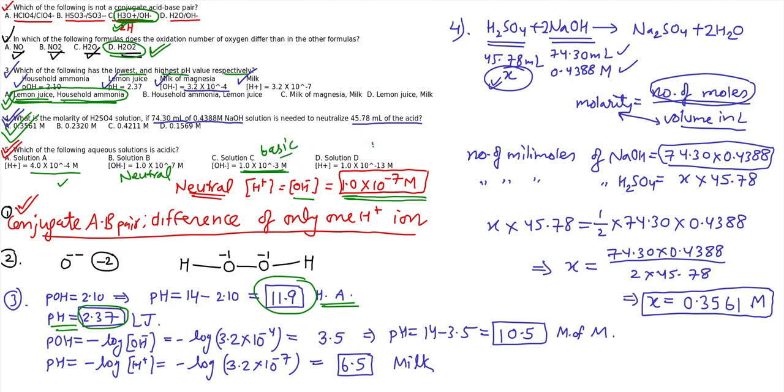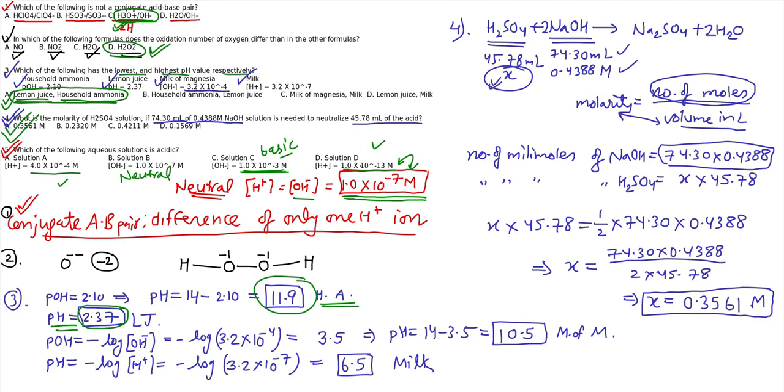And solution D, let's check that also. Here the H plus ion concentration is 1 into 10 power minus 13 molar, and if you compare this with this value, 1 into 10 power minus 13 is much smaller. So here the H plus ion concentration is much smaller than the concentration of H plus present in the neutral solution.